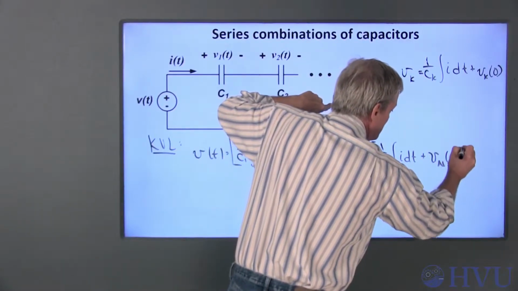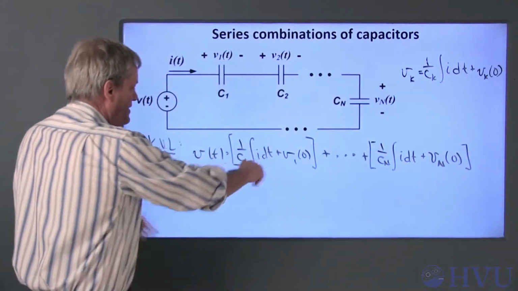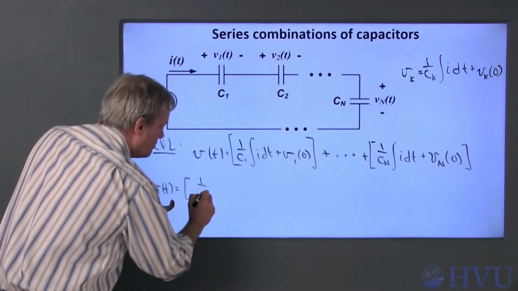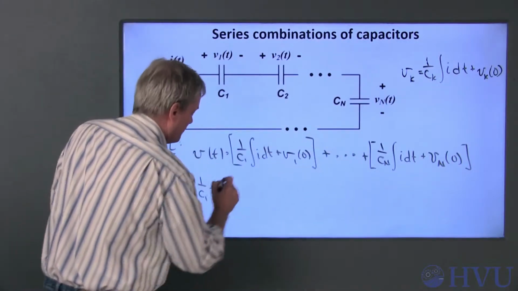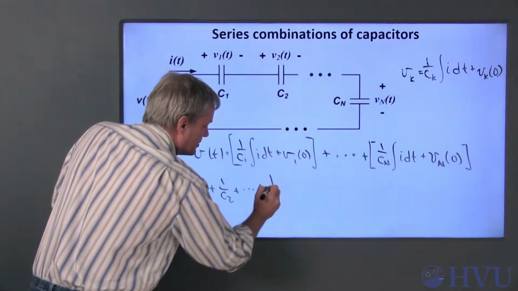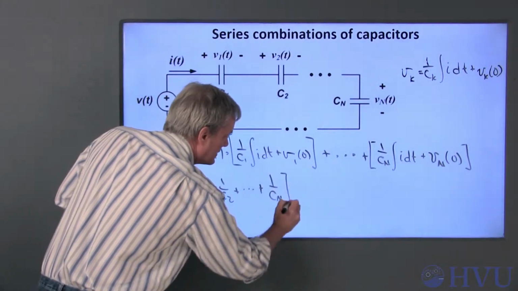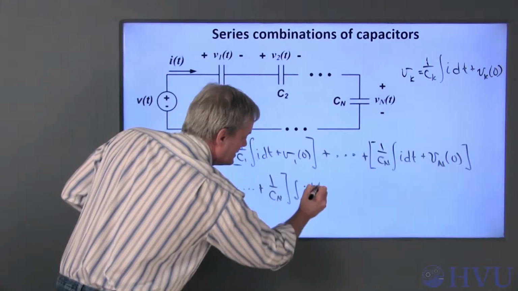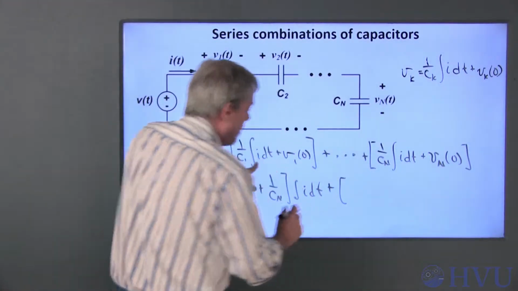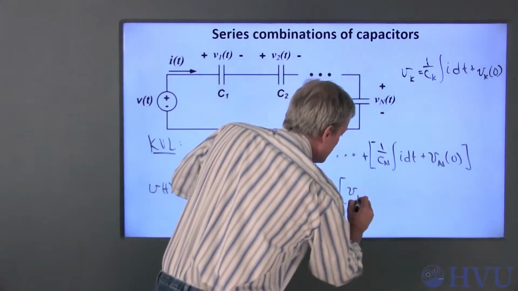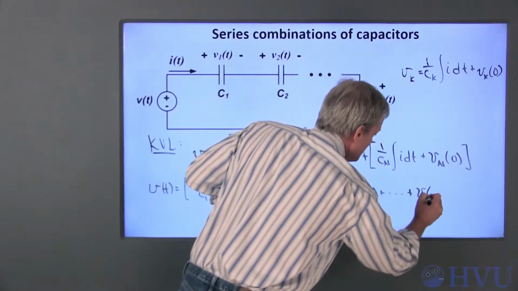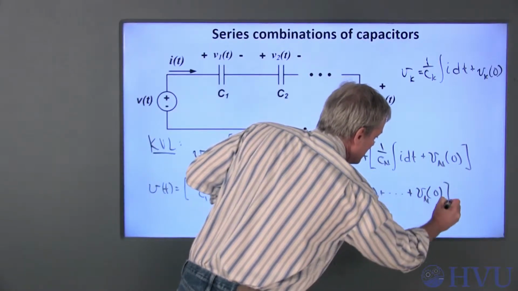If I combine these terms, V of t is equal to 1 over C1 plus 1 over C2 plus a bunch of other similar terms up to 1 over C sub n, times the integral of I dt, plus all of these initial voltages, V1 at 0 plus a bunch of other similar terms up to Vn at 0.